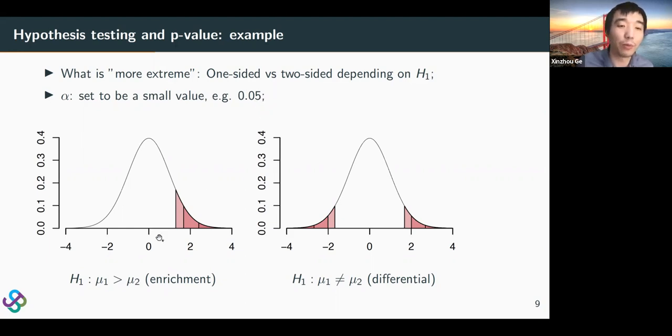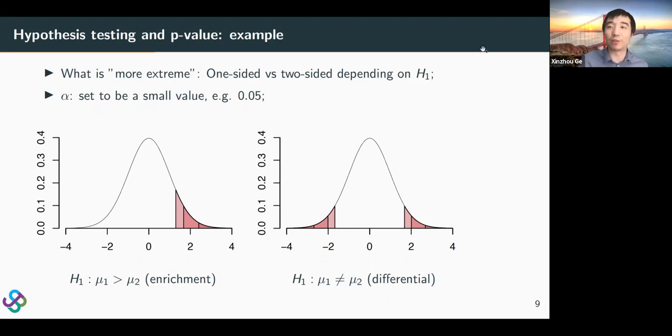When the alternative is mu1 greater than mu2, we calculate the p-value from the upper tail. And if the alternative is not equal to, or when the interesting features are differential features, the p-values are calculated by looking at the two-sided proportions.